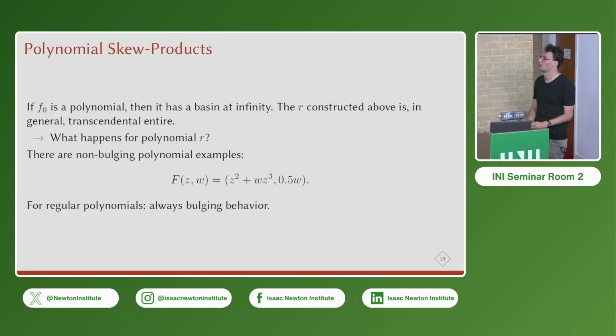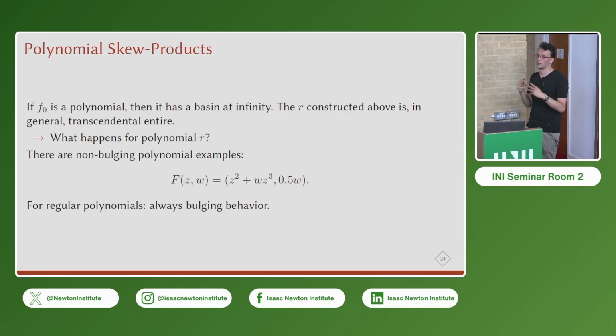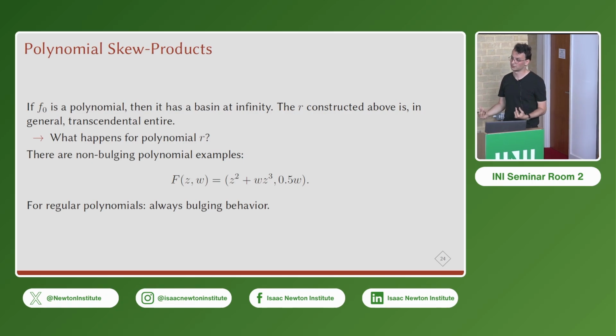If you have a regular polynomial, you cannot have such a degeneration, because you always have an extension to projective space. And you can show that for a regular polynomial, you always have a base in at infinity. Once you are outside a large enough disk, you always go very nicely to infinity. And in particular, you always know that the base in at infinity on the fiber always has to bulge.